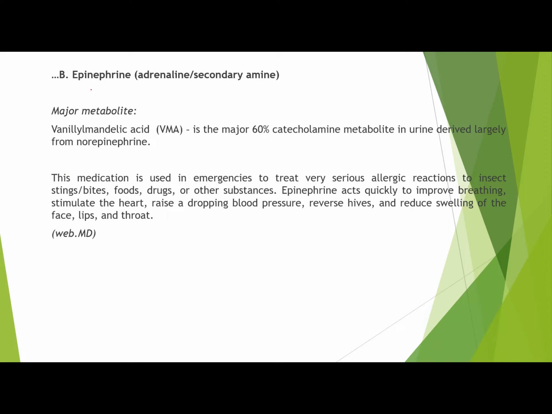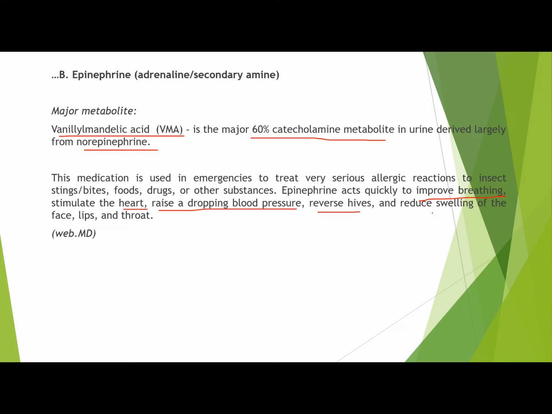Now, what are the major metabolites of epinephrine? VMA din, class. This is the major 60% of catecholamine metabolite in urine derived largely from norepinephrine. This medication is used in emergencies to treat very serious allergic reactions to insect stings, bites, food, drugs, and other substances. Epinephrine acts quickly to improve breathing, stimulate the heart, raise a dropping blood pressure, reverse hives, and reduce swelling of the face, lips, and throat.